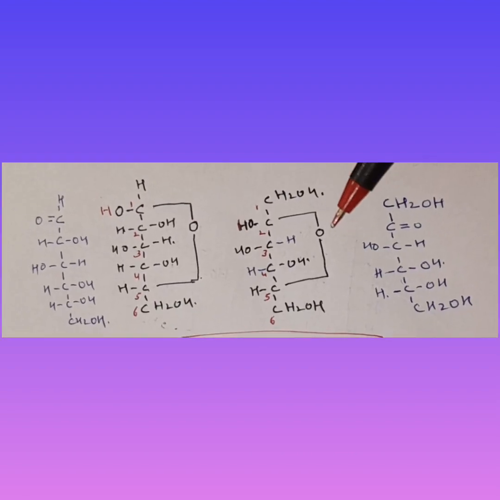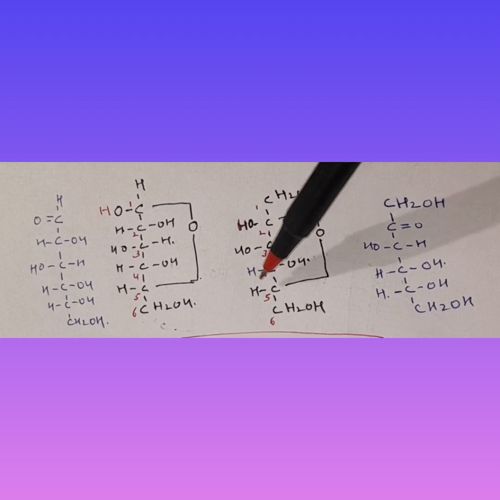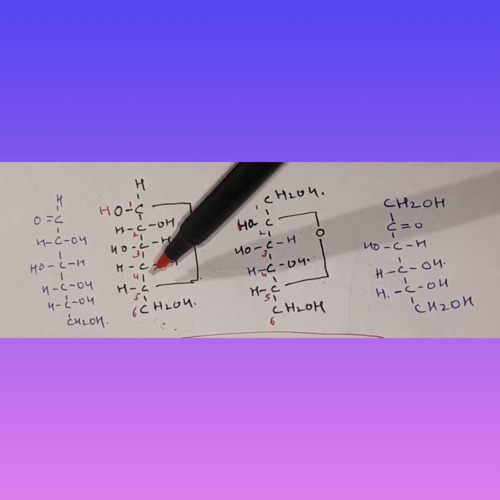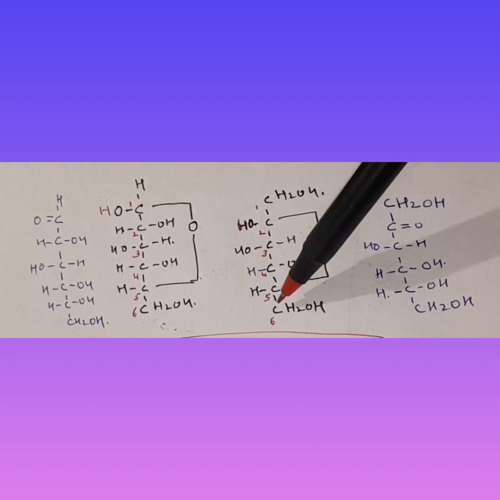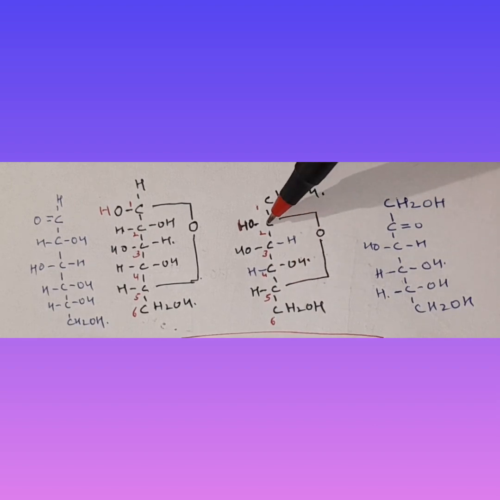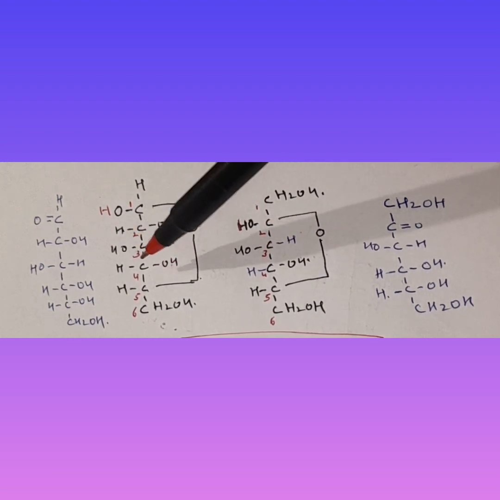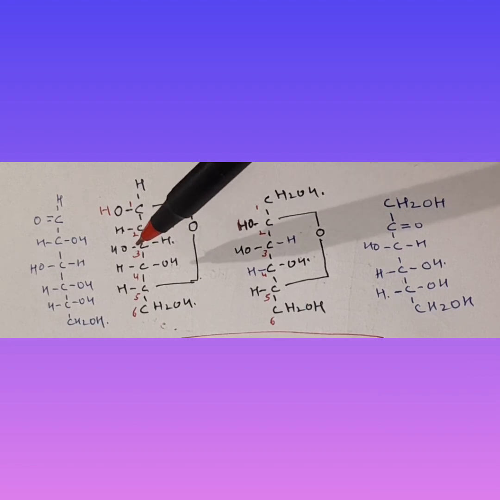If we study the cyclized structures of fructose and glucose, we already saw this is a 6-membered ring and this is a 5-membered ring. Now why a 6-membered ring and why a 5-membered ring? Why not smaller rings? Why not this OH coming and attaching over here, getting cyclized? Or why not this OH cyclizing? Same thing over here: why not the second or third carbon doing the cyclization? It's all based on thermodynamics.